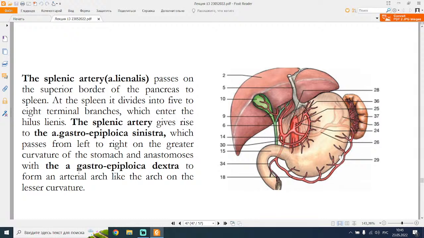left to right on the greater curvature of the stomach and anastomoses with the arteria gastroepiploica dextra.